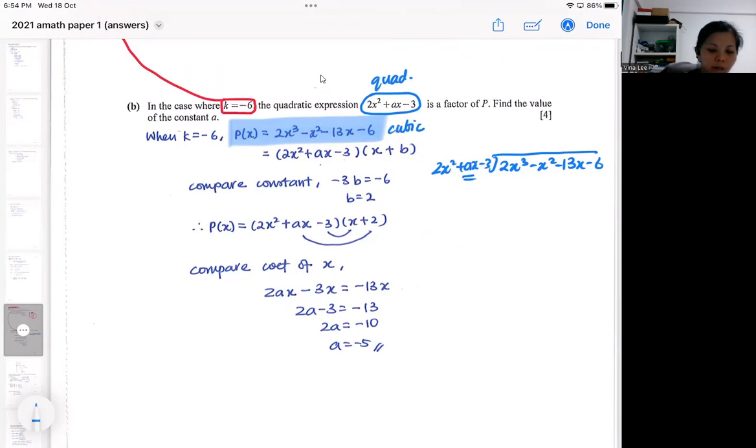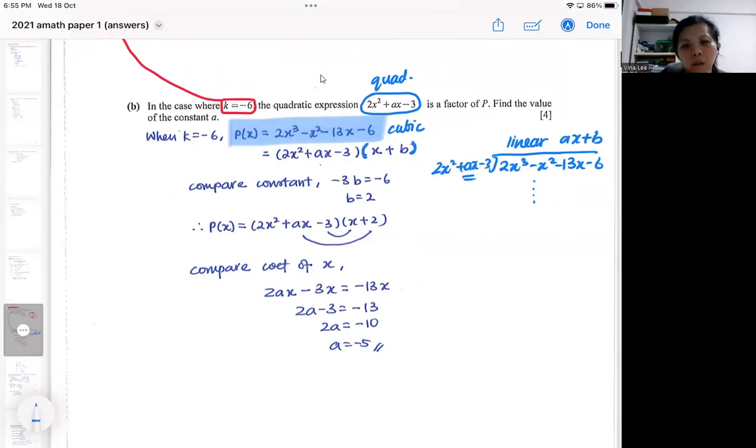So I will expect to get a linear function here. If I were able to do a long division, I'd be expecting a linear function in the quotient. A linear function will be something like ax plus b.